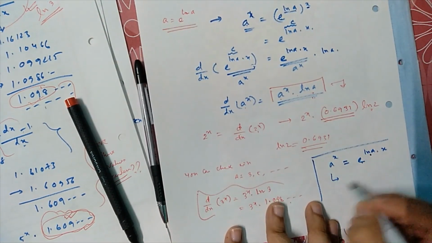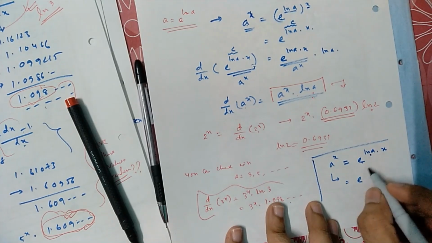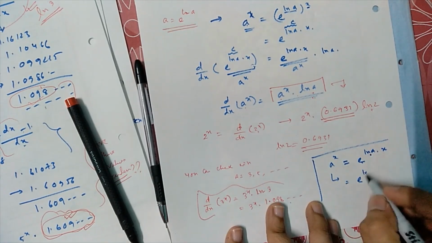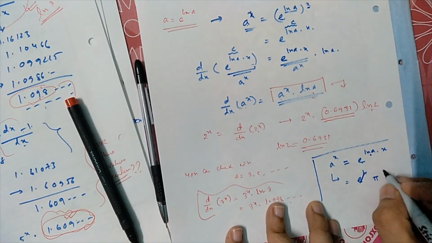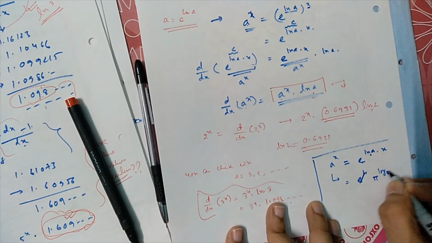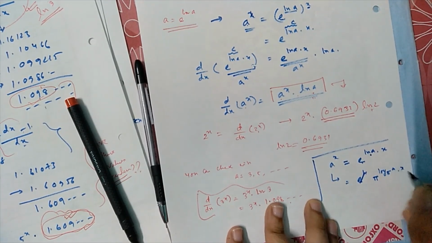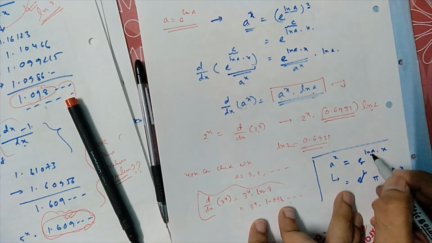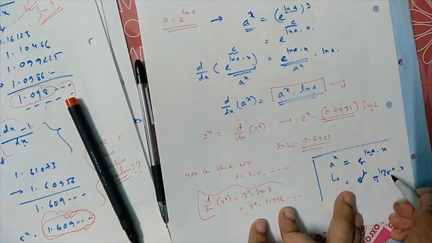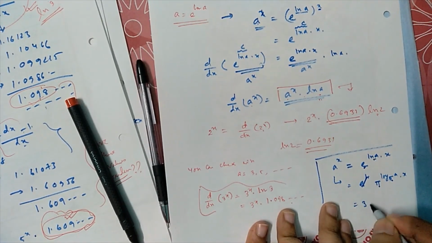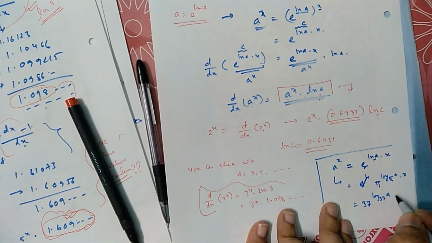Again this can be written as pi to the power log base pi of a into x. Here we took e and the base was e, so if it is pi, then the base is pi, or maybe 37 to the power log base 37 of a into x.